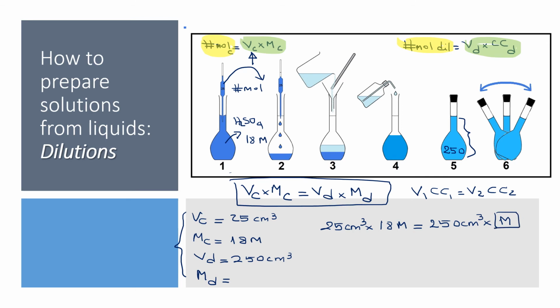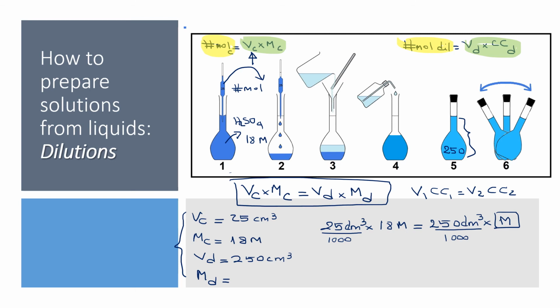So remember that when we calculate the number of moles, I always made emphasis on the volume, that it has to be in decimeters cube or liters. In this case, if we pass these to decimeters cube or liters, I'm going to divide by 1000. So I transform this one into decimeters cube. The same thing here. I put 1000 and I put this one in decimeters cube.